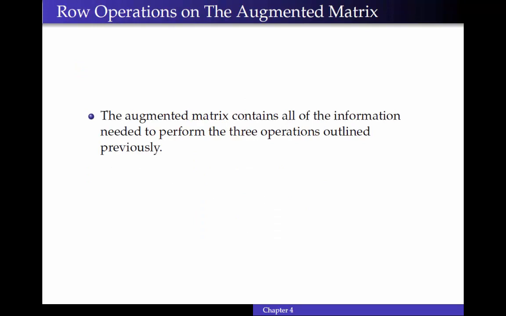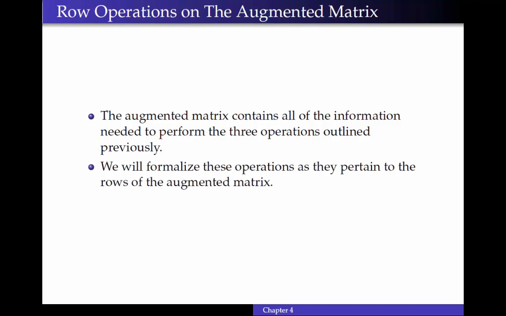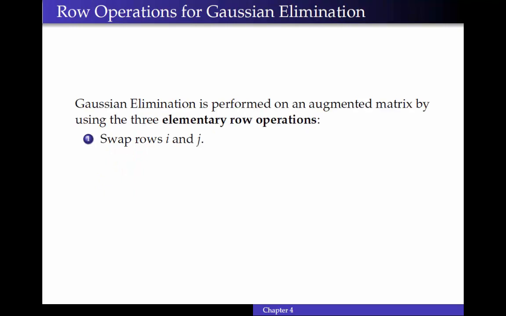And so the augmented matrix, because it contains all of that information, we can perform those three operations on the rows of the augmented matrix. So let's formalize those operations now. We can swap two rows of the augmented matrix. That is the same as interchanging the equations in a system.